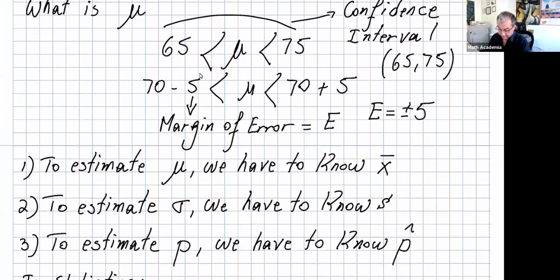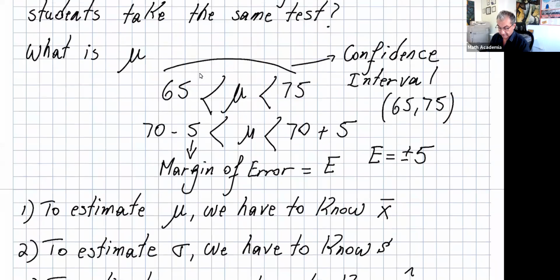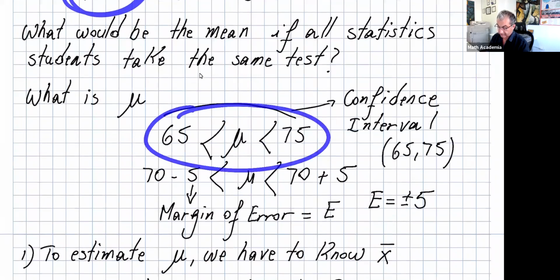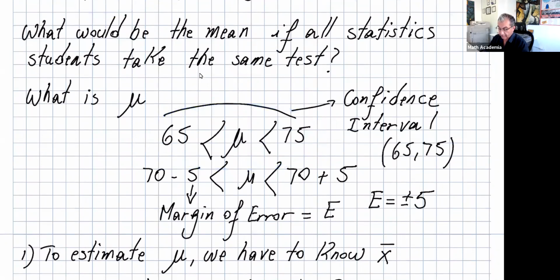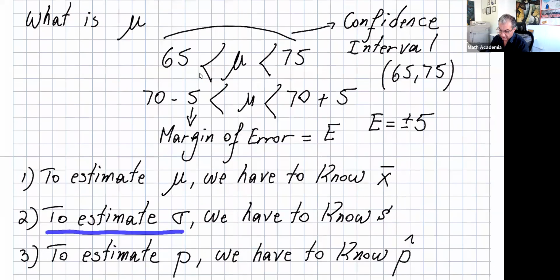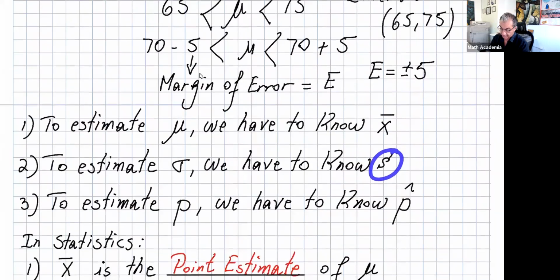So let's see. First, we need to know to estimate the population mean, we have to know the sample mean. Just like the example we did, I have to know X bar in order to find this confidence interval or to estimate the population mean. To estimate population standard deviation, we have to know S, which is the sample standard deviation.